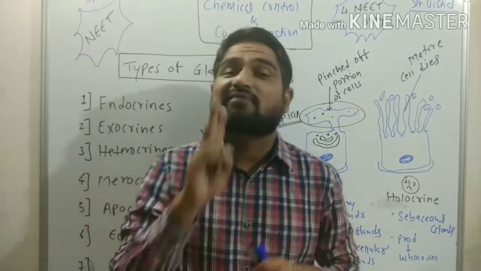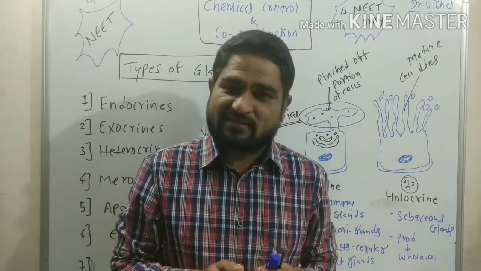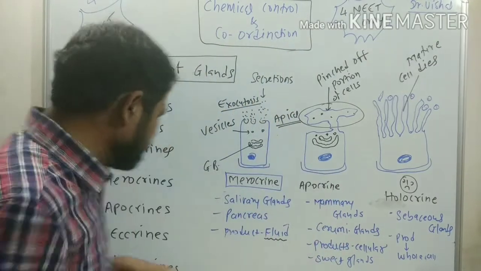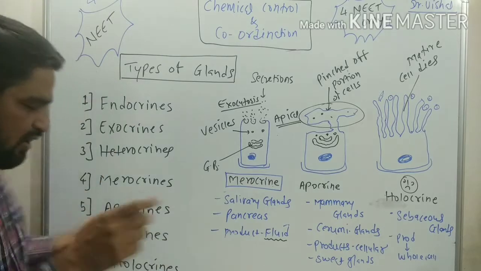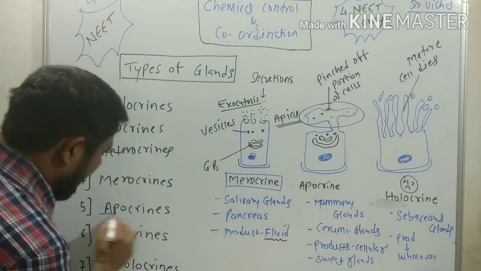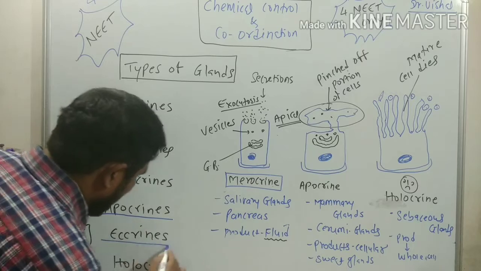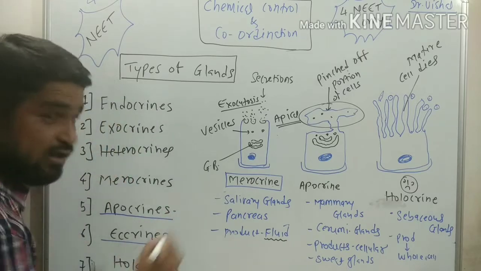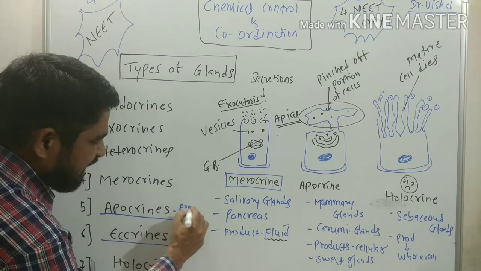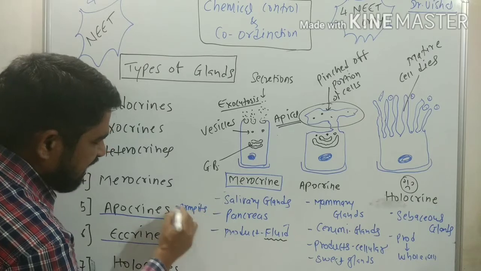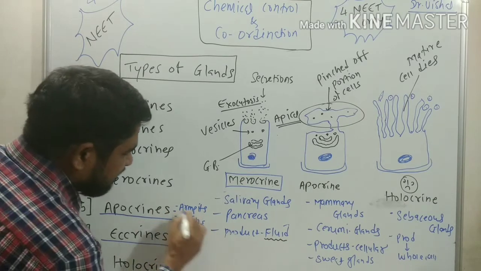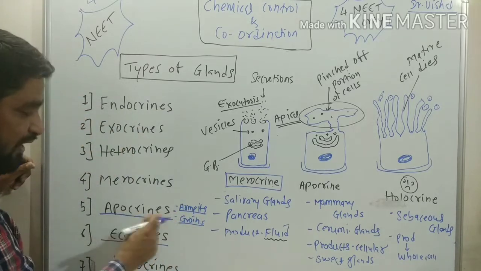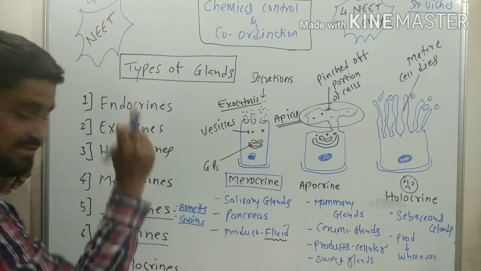Remember, sweat glands are of two types. Some of the sweat glands are apocrine, but some of the sweat glands are ecrine. What is the difference? Apocrine glands are very common in areas like the armpits and groins.